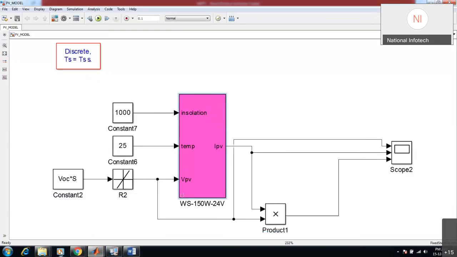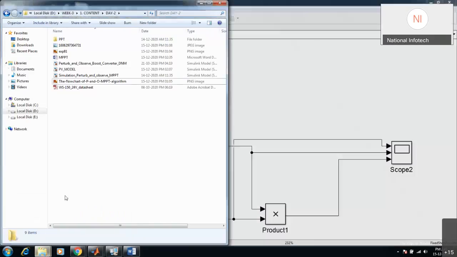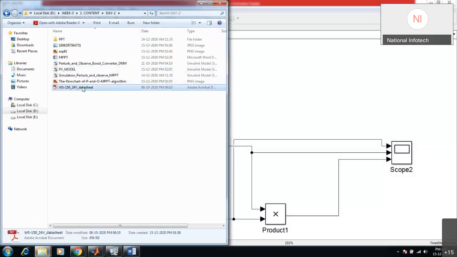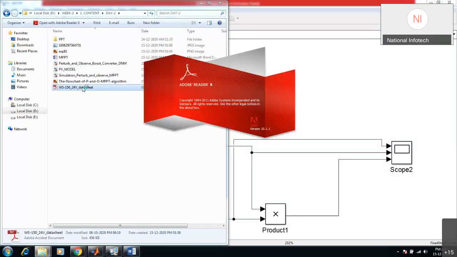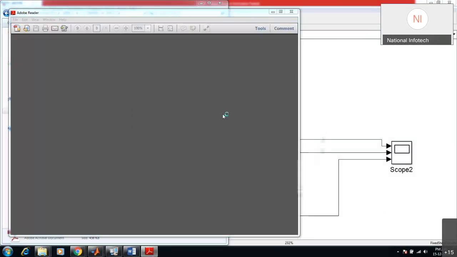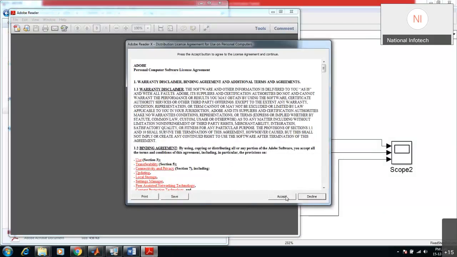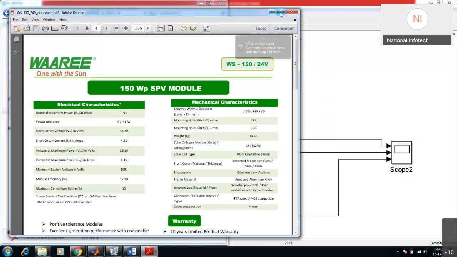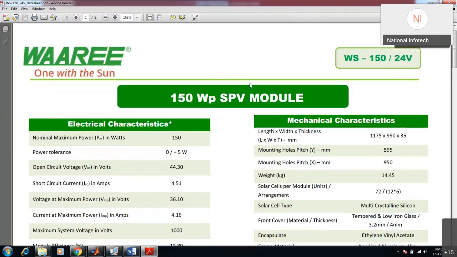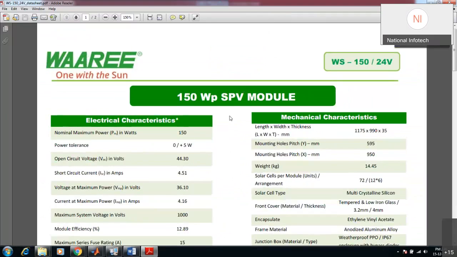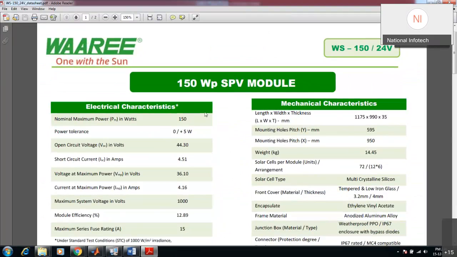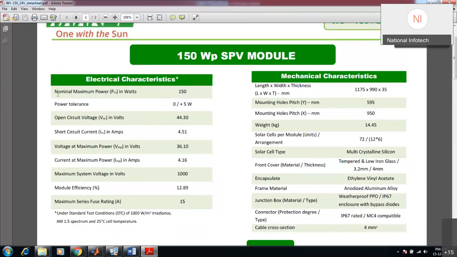The panel which we are using today is this 150-watt panel. Let me show you the data sheet of it. So this is the characteristic of that 150-watt panel.